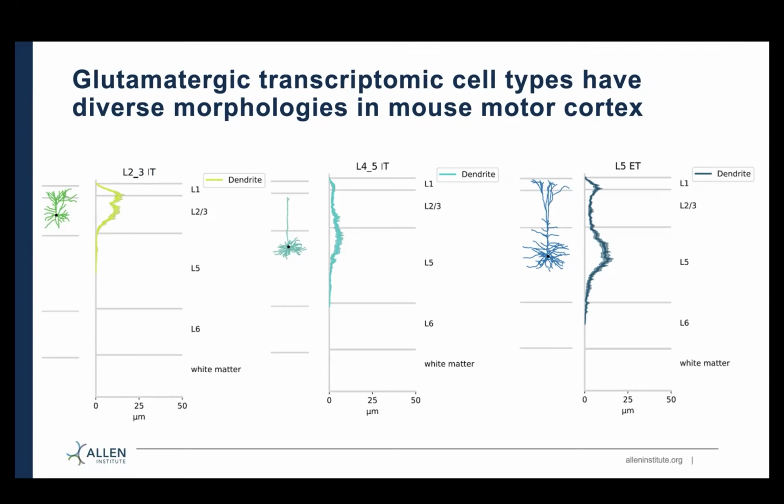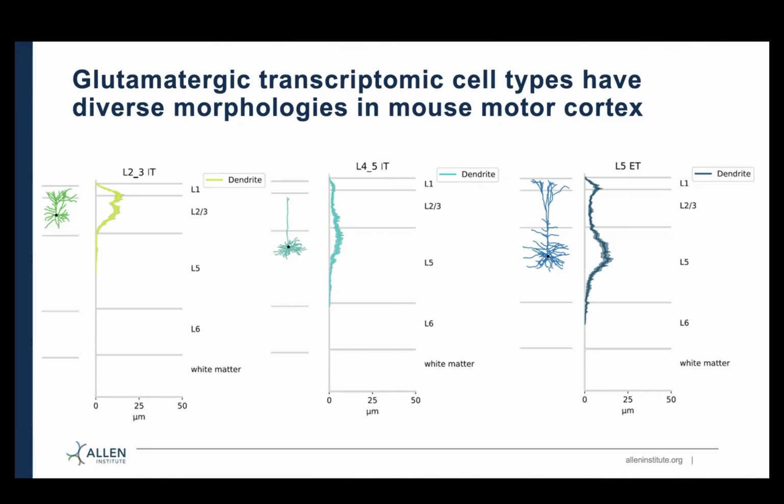So layer 2-3 neurons, or layer 2-3 IT, intratelencephalic projecting neurons, mainly have dendritic branches in layer 1 through layer 2-3, while these layer 4-5 IT neurons, the 4-5 meant to capture this difference in the presence or absence of layer 4 and 5 across cortical brain regions.